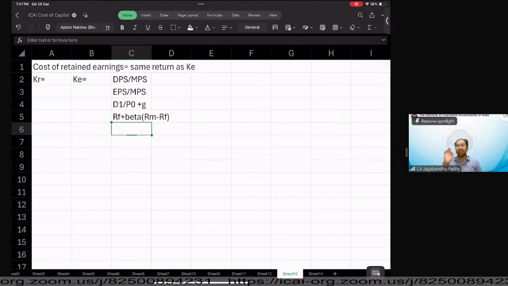Can I say you're going to receive 95? Correct? So that 95 is going to be considered as the denominator. So whenever the question gives you a flotation cost, you need to subtract it from the current market price, because you're not going to receive the full value, but a reduced value.